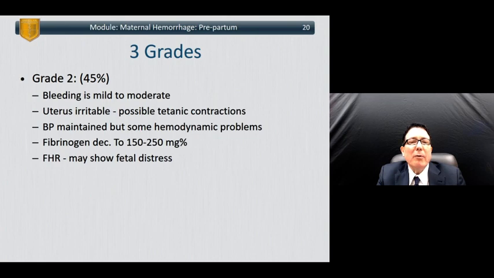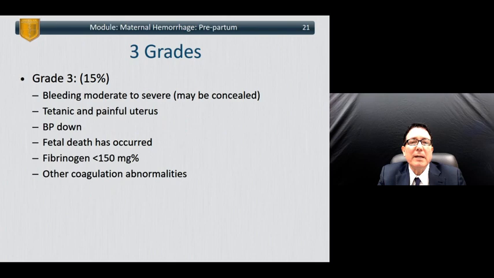Grade 2, now we have some very significant problems. Bleeding can be mild to moderate. The uterus can be very irritable with possible tetanic contractions. Usually blood pressure and hemodynamics are maintained, but there may be some hemodynamic problems. There are now some coagulation issues, and the fetal heart rate may show some fetal distress.